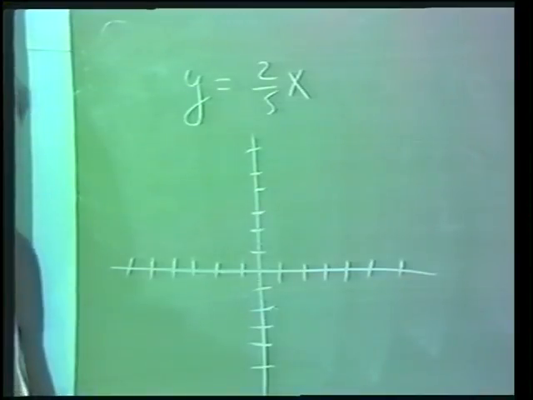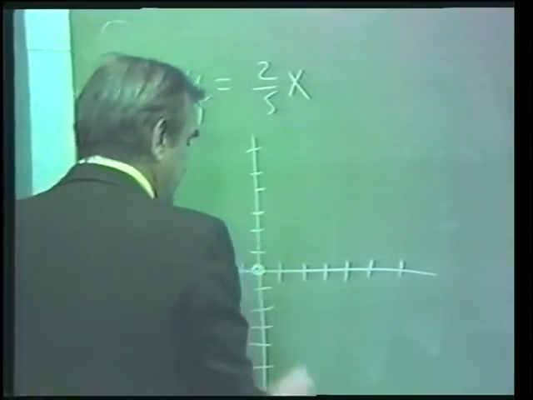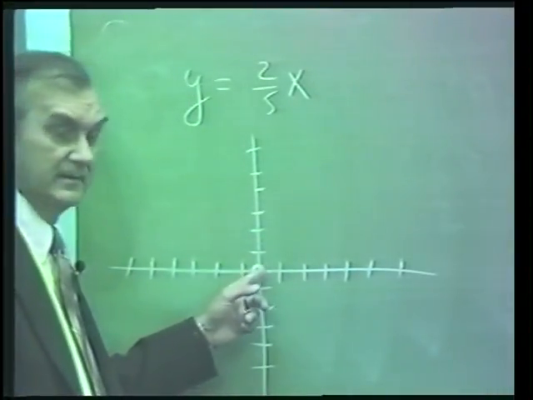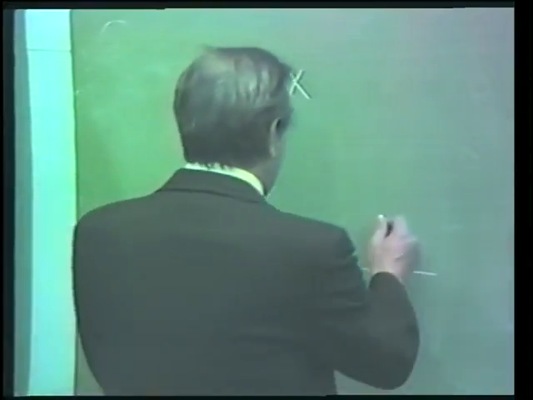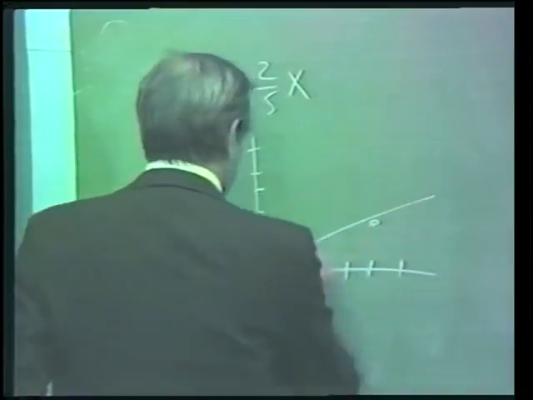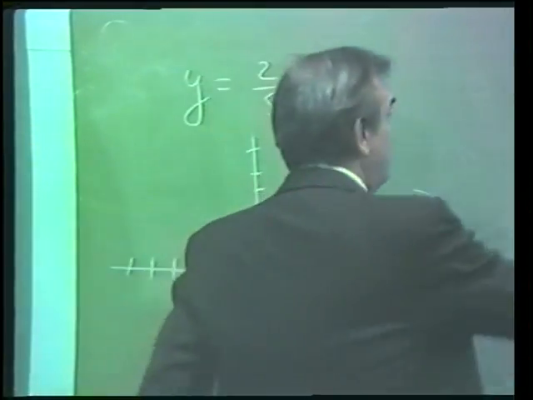First of all, the y-intercept. Where is that? 0. Yes, it's understood to be at the origin. Go up 2, and to the right 5. And there's the line. See how nice and easy this is? One more.